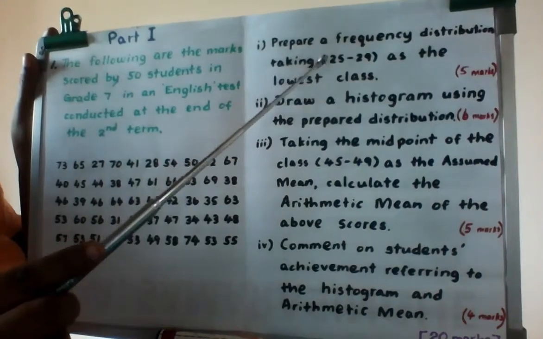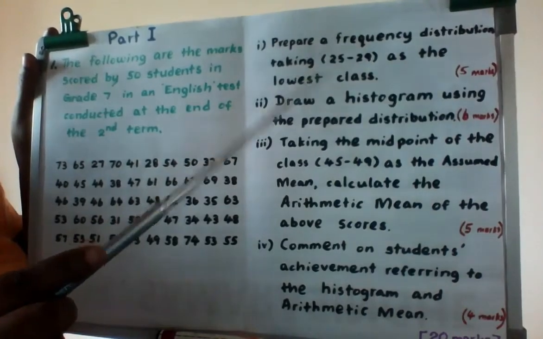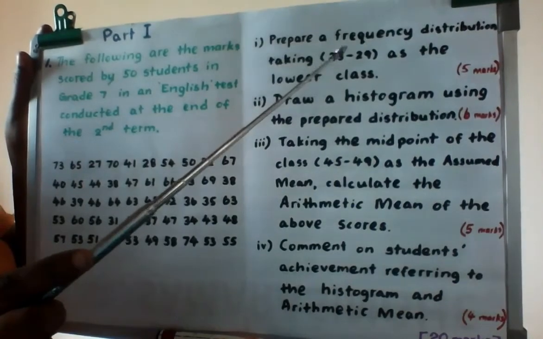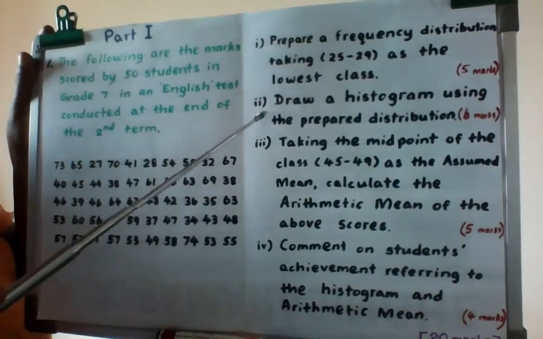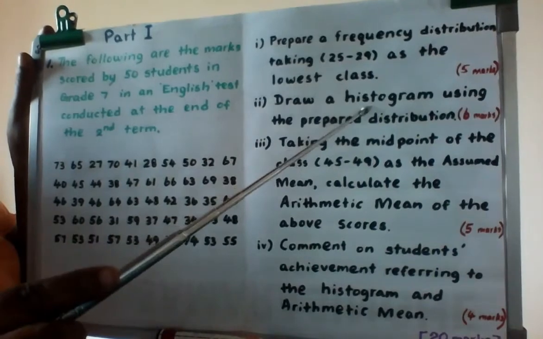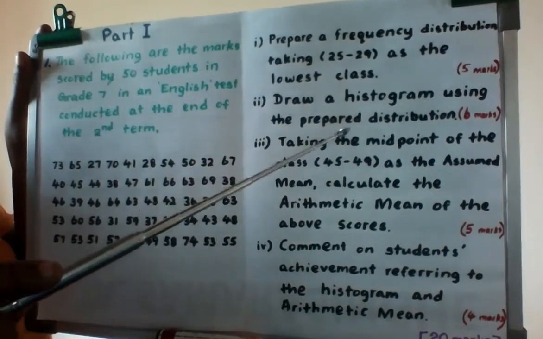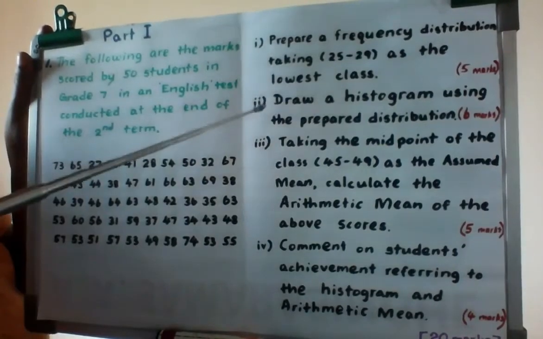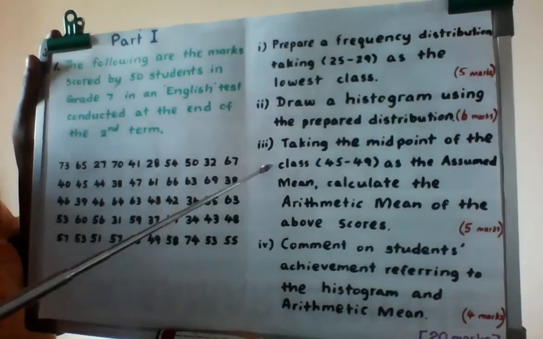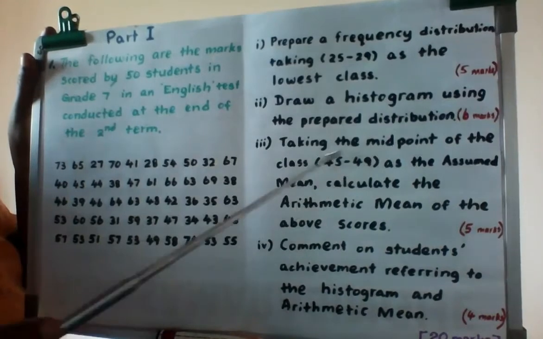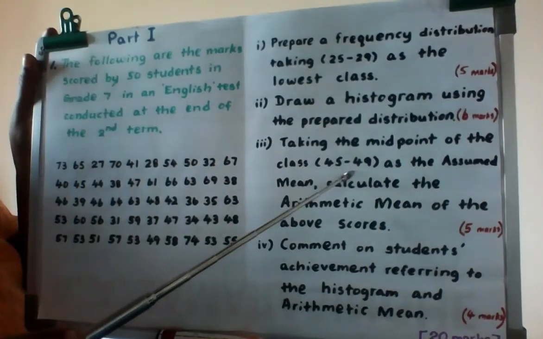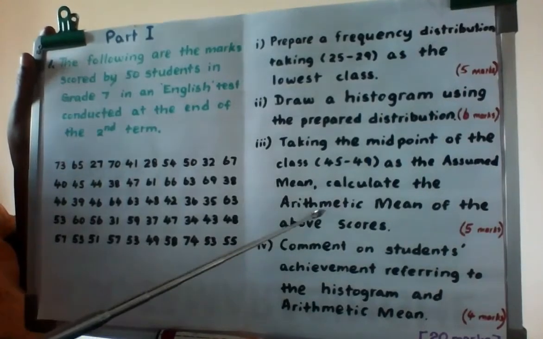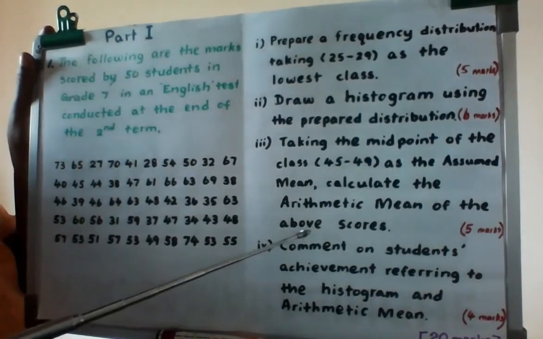Right, you know these are row limits, and then there are real limits also. So here in this question they have given row limits. Second one is draw a histogram using the prepared distribution. This is a graph. Second question is based on a graph. Third one, taking the midpoint of the class 45 to 49 as the assumed mean, calculate the arithmetic mean of the above scores.